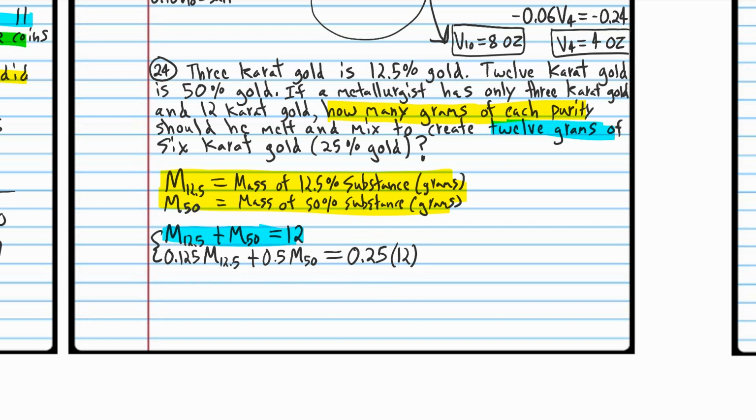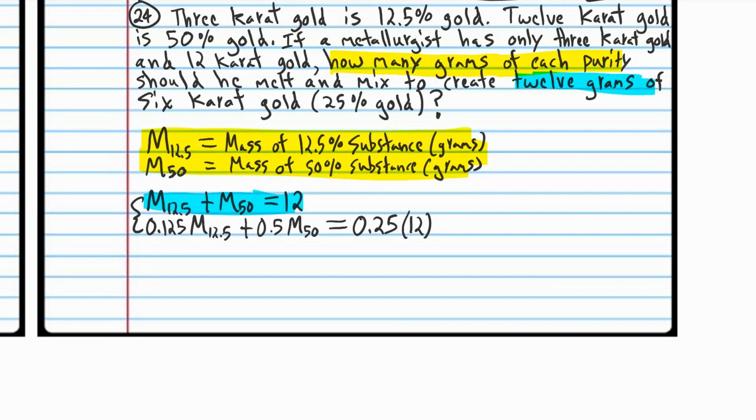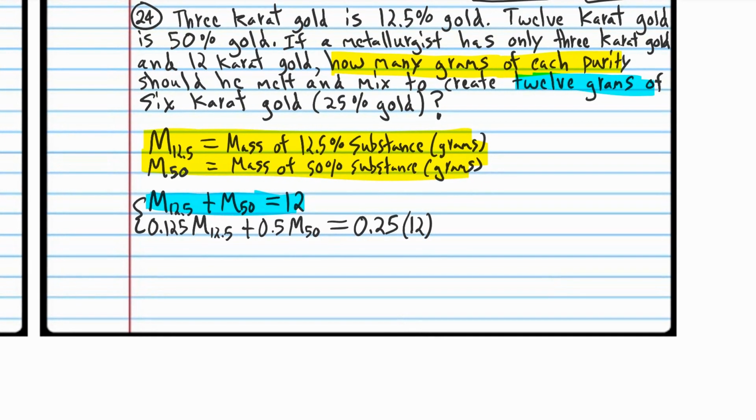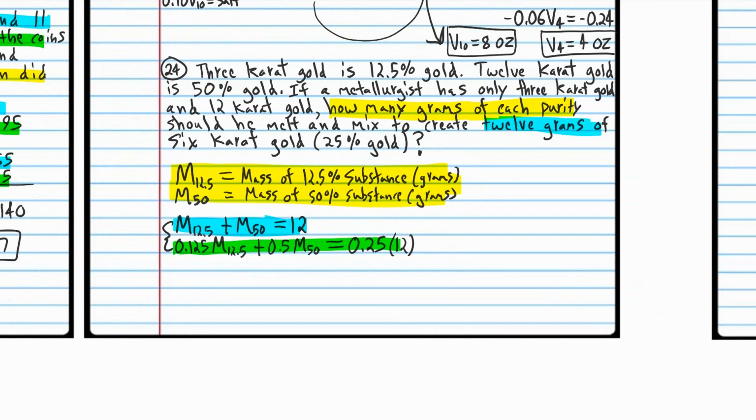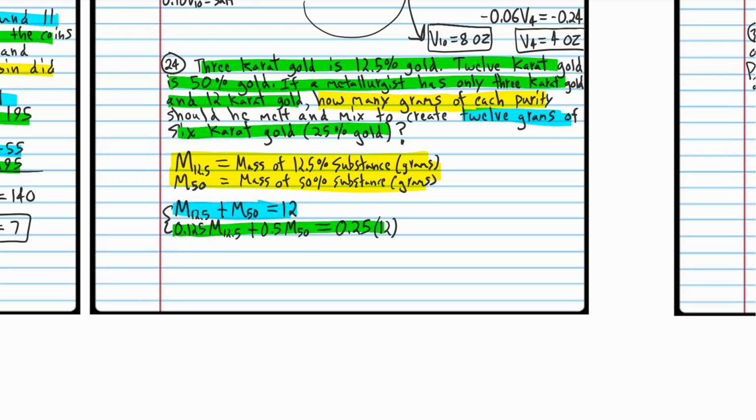And when I say 12.5 and 50, I mean obviously 12.5% gold and 50% gold. So again, that's the hard equation. The other parts are fairly easy. That should be green there. All right, and so now we just have to solve and we'll be done.